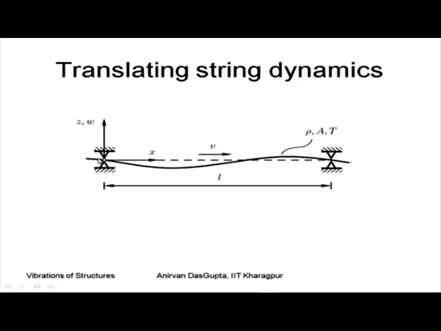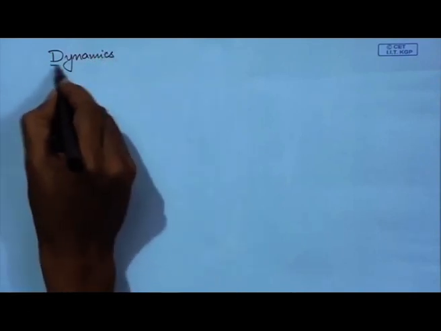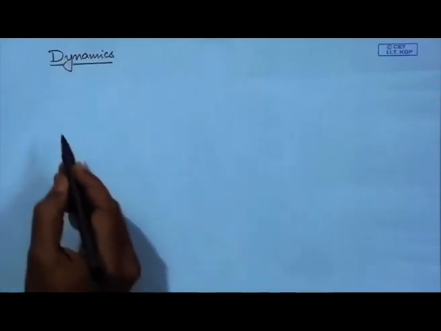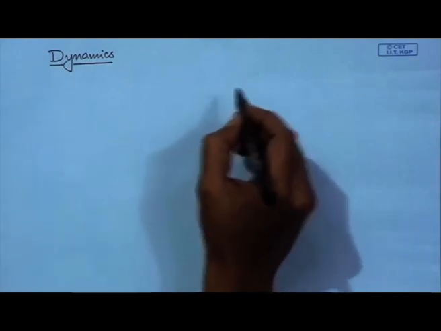It is passing through two eyelets, and the length of the string between these two eyelets is L. So, we are considering a one dimensional continuum string which is translating. So, let us look at the dynamics.